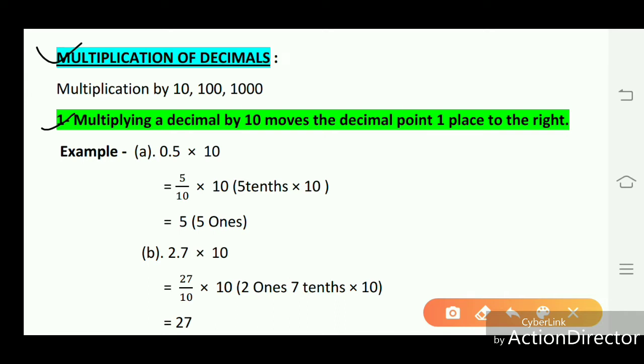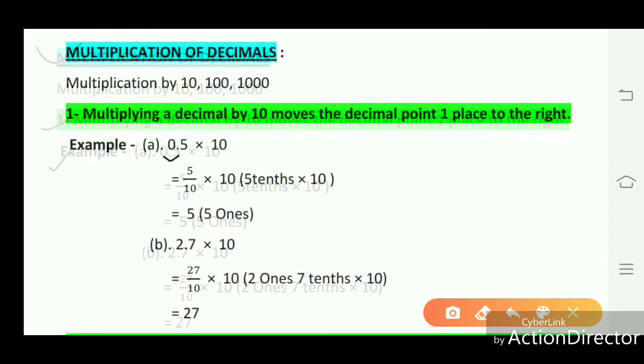First, multiplying a decimal number by 10 moves the decimal point one place to the right. Example A: 0.5 multiplied by 10. We also write 0.5 in fraction form as 5 upon 10, because in 0.5 the 5 is in the tenths place.